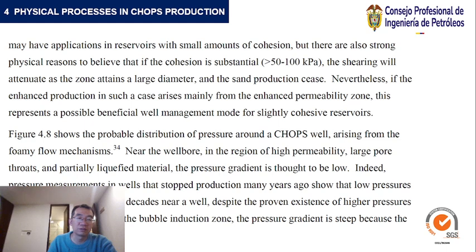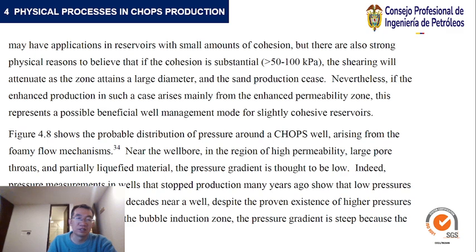Figure 4.8 shows the probable distribution of pressure around a wormhole arising from the foaming flow mechanism. Near the wellbore, in the region of high permeability, large pore throats, and particularly liquefied material, the pressure gradient is thought to be low.